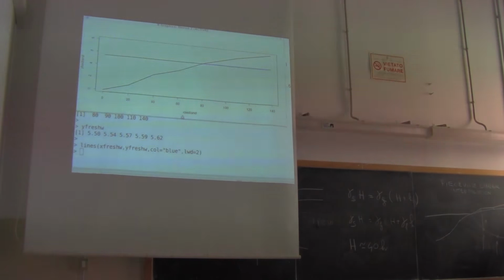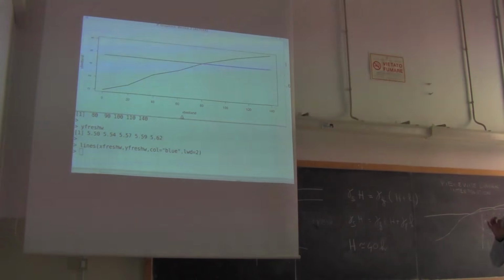I am also proposing to you to increase the number of points, because this is an opportunity to explore other possibilities that R gives us. So this is the reason why I am proposing to do this. And actually, what do I have to do?